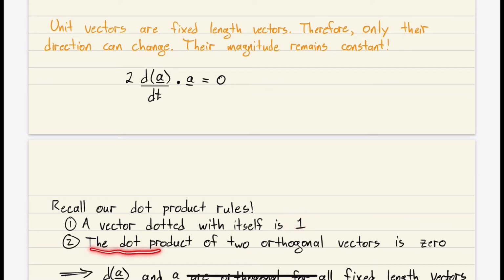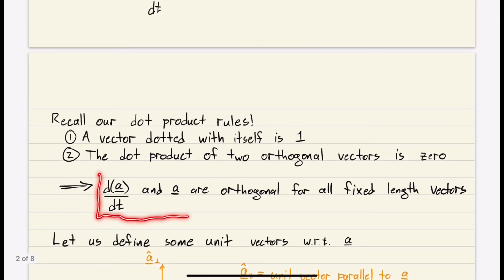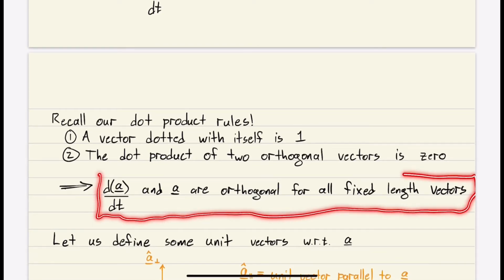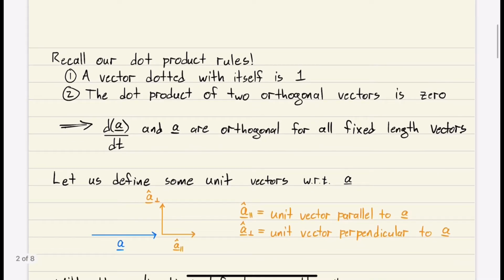The dot product of 2 orthogonal vectors is 0. Okay, well, what do we have here? We have the dot product of 2 vectors equal to 0. That tells us that dA/dt and a are orthogonal for all fixed length vectors. This only applies to fixed length vectors. And we're dealing with unit vectors, so it applies for us.